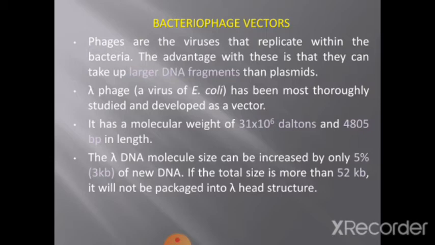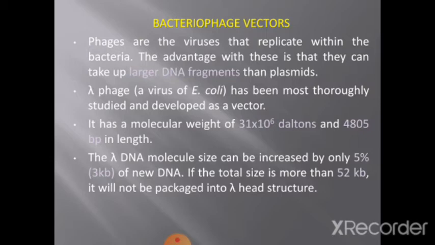Since we know its biology very well, people have attempted to develop it into a vector. Its biology goes like this. It has a molecular weight of 31 × 10^6 Daltons, and the genome has 48.05 kb.